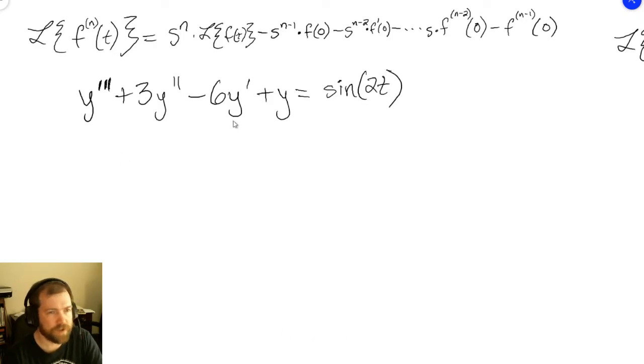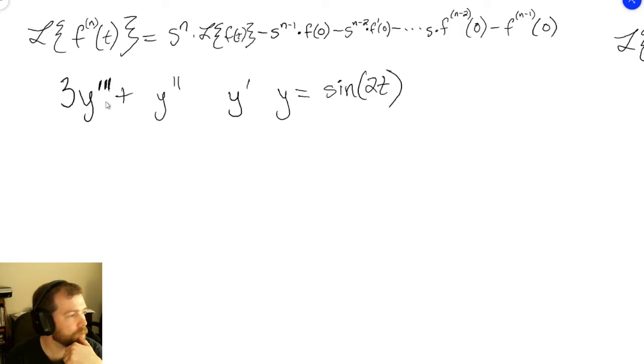So this is going to be 3y triple prime plus 4y double prime minus 43y prime minus 84y is equal to sine of 2t.